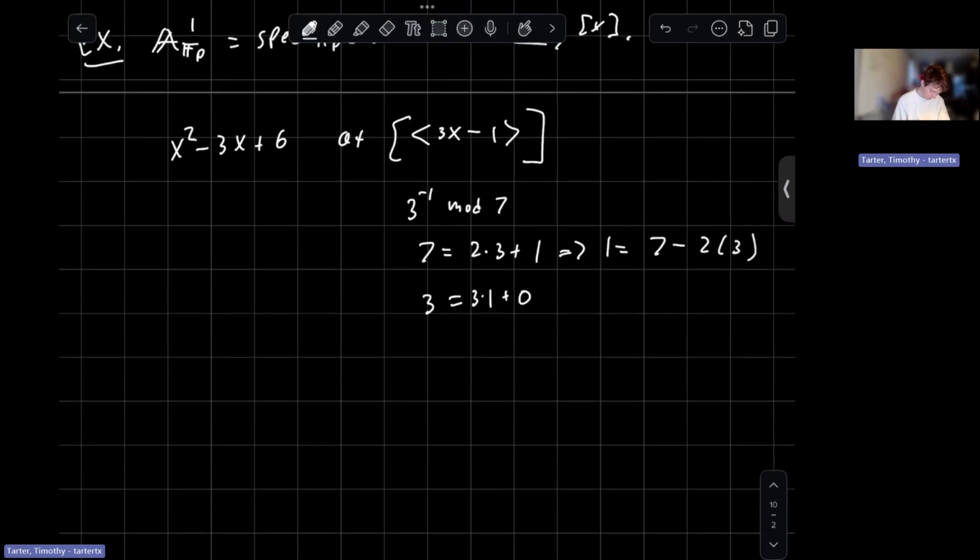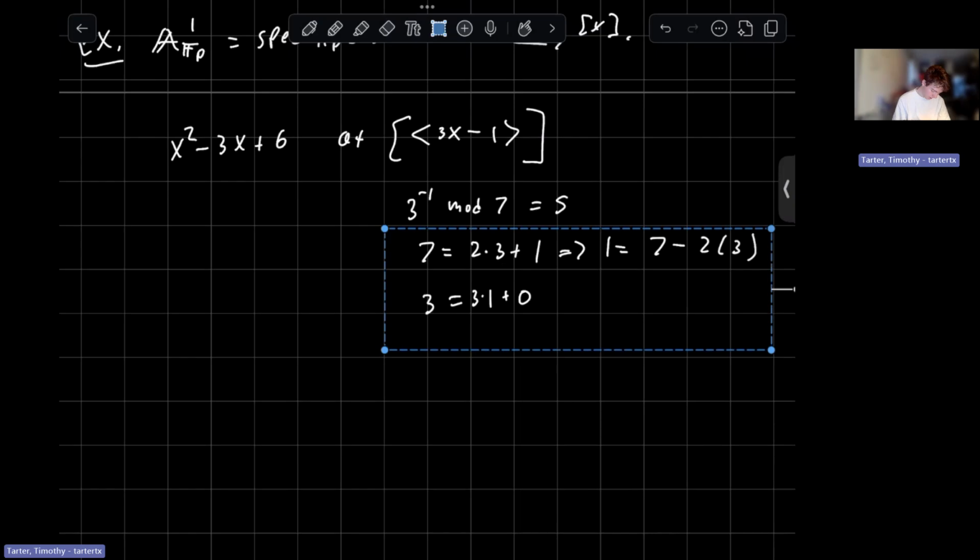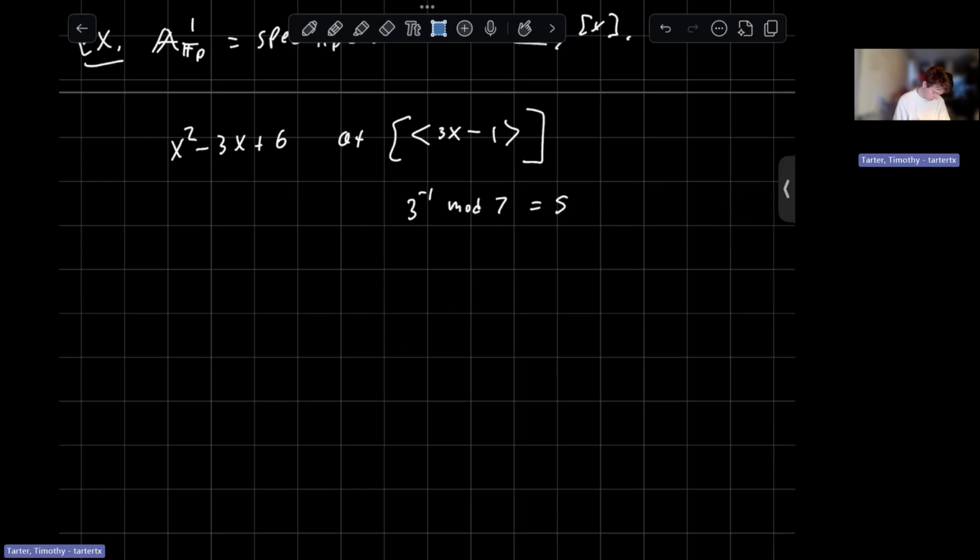And so 5. There we go. So we're evaluating this at 5, which is going to give 25 minus 15 plus 6 mod 7. 16 mod 7 is 2.